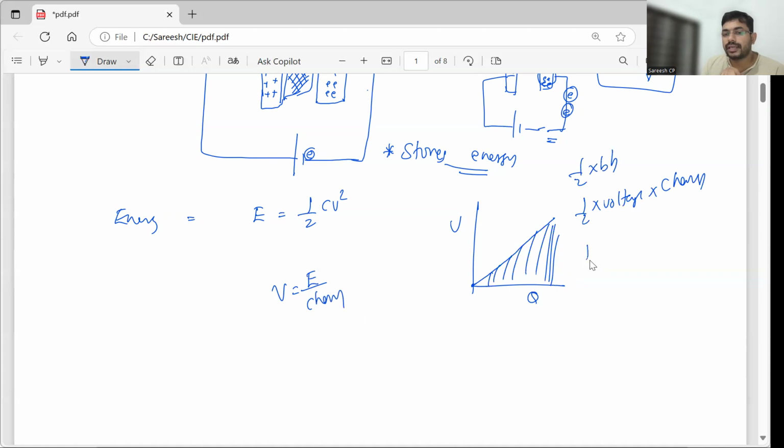So it is half into energy over charge into charge, which cancels. So what we get is that the area under a voltage-charge graph is the energy stored in the capacitor.